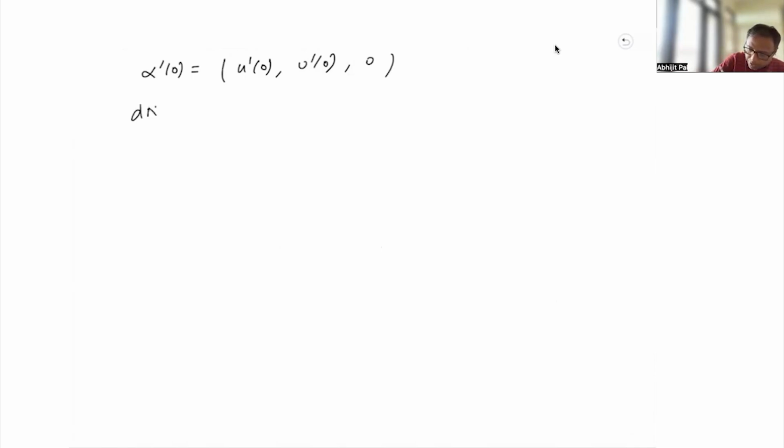Now let us compute dn_P of alpha prime 0. This will be equal to the limit as t tends to 0 of n(alpha(t)) minus n(alpha(0)), the whole divided by t.